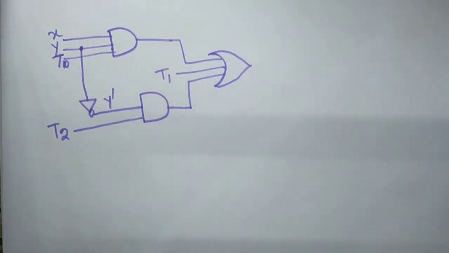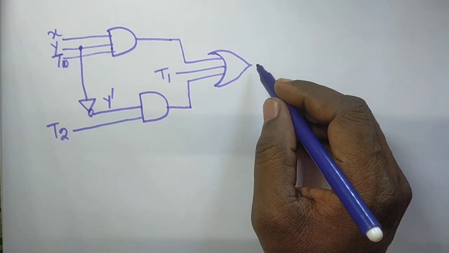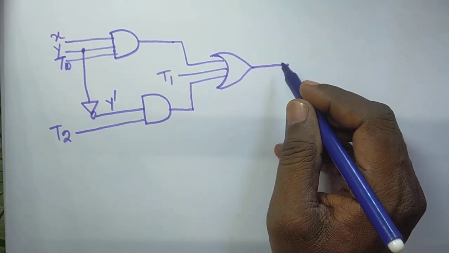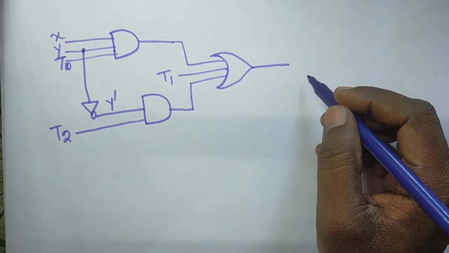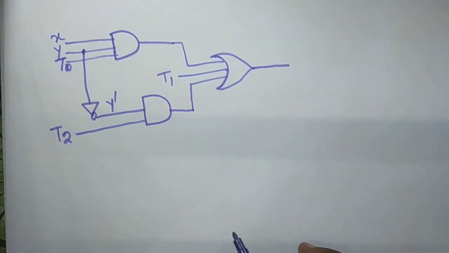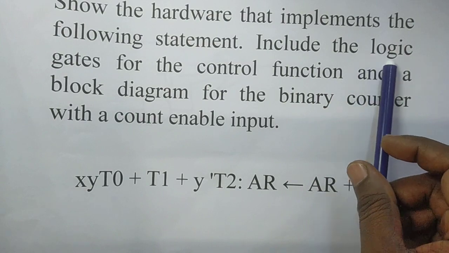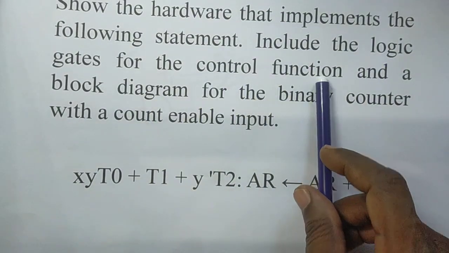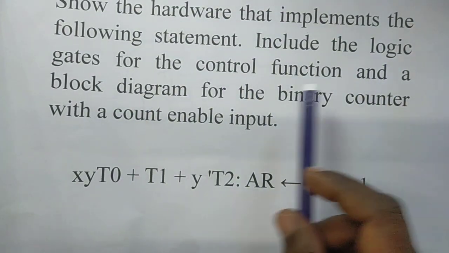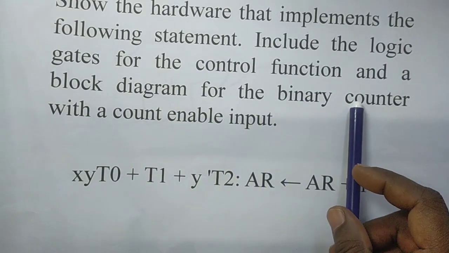Now we see here, if this is true, then what happens here? It is mentioned in a very simple way: include the logic gates for the control function and a block diagram for the binary counter.